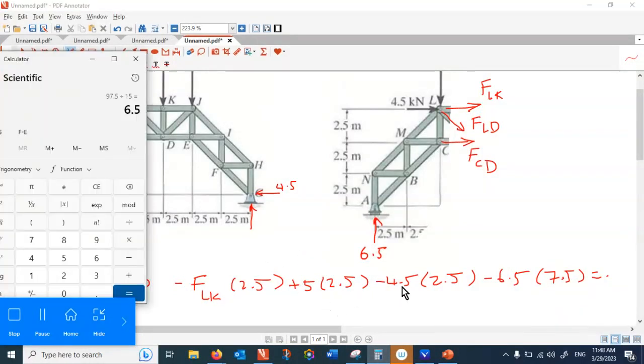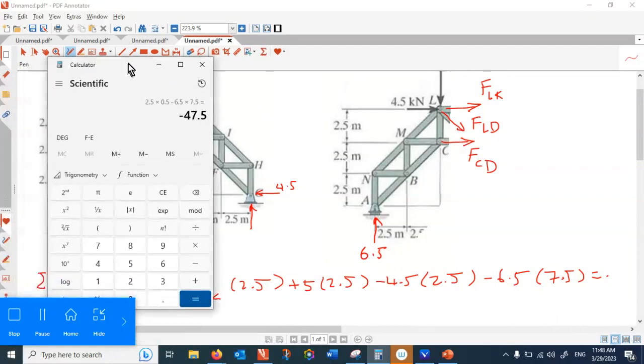Five minus 4.5, that is 2.5 times 0.5, minus 6.5 times 7.5, divided by 2.5.